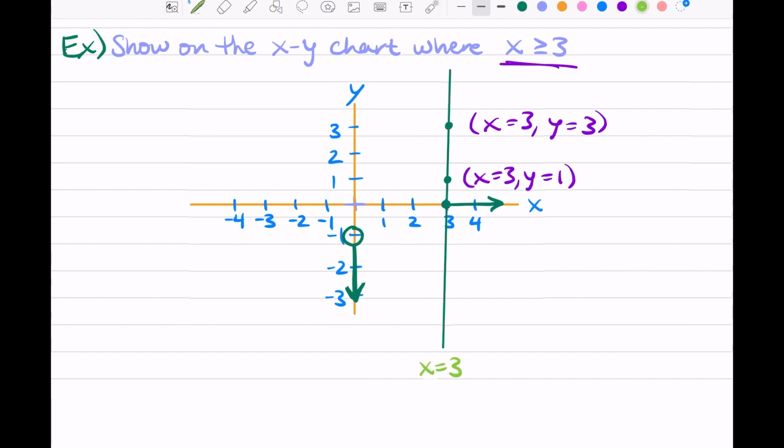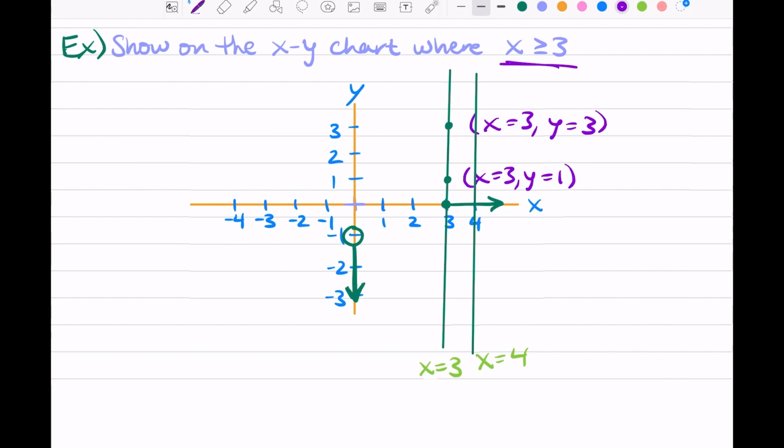And the same way, this entire line is where x equals 4. Originally, we just had our x-axis here, but when we're including the y's, we're expanding how many points are in our solution.